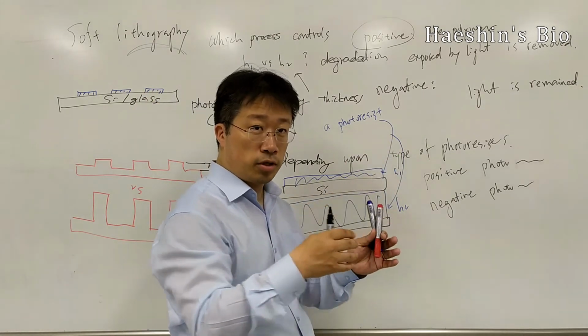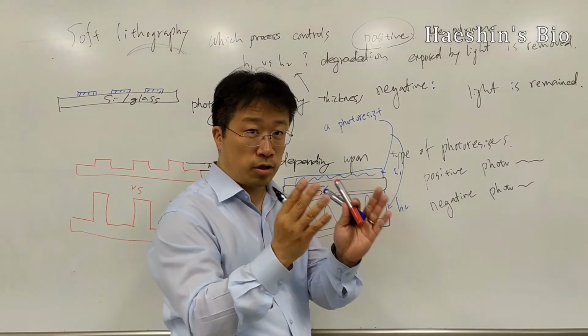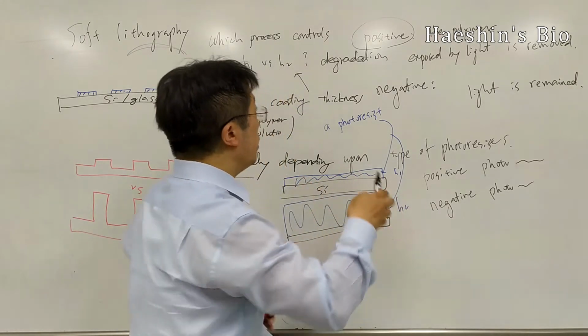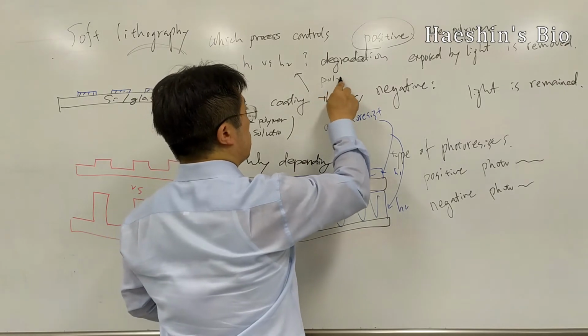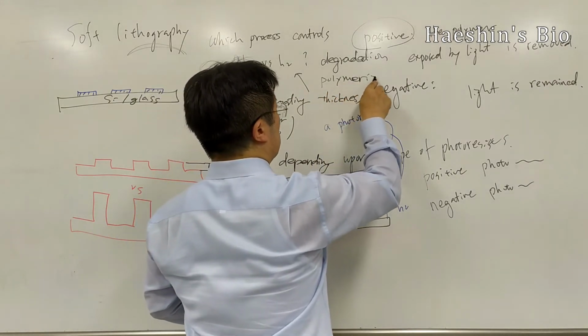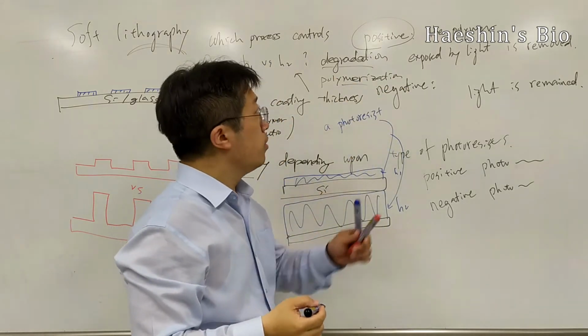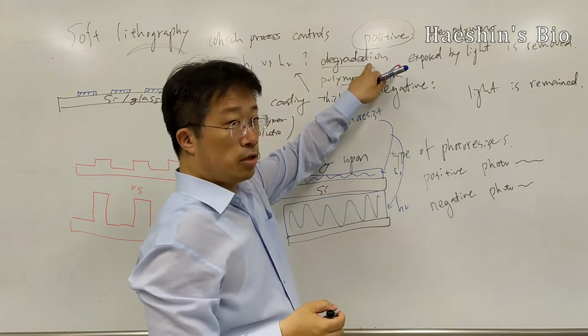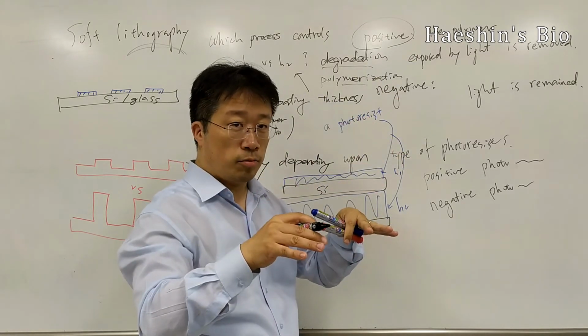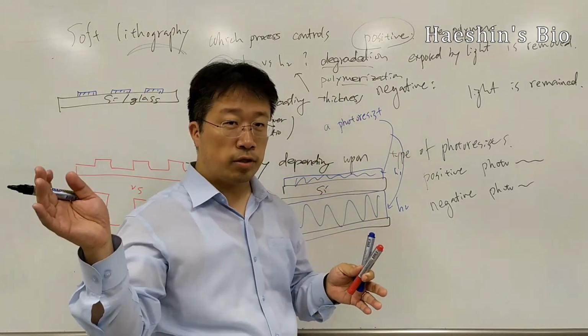One is degradation, the other is further polymerization starting from small molecules. Degradation or polymerization. The question is very simple. So the positive is actually degradation, because you illuminate with light and degrade it, and then you can remove it by the solvent.